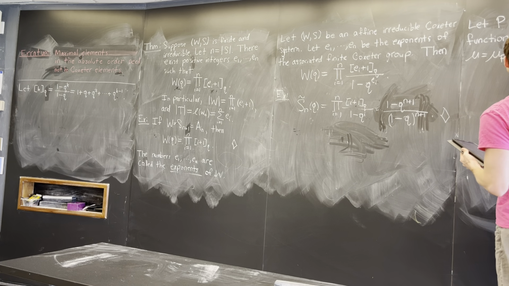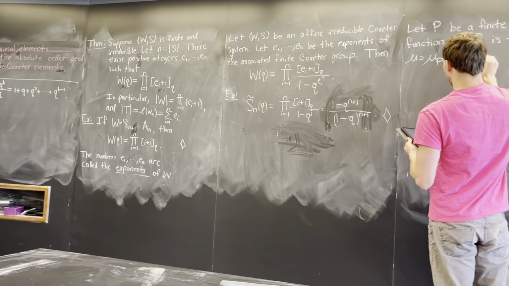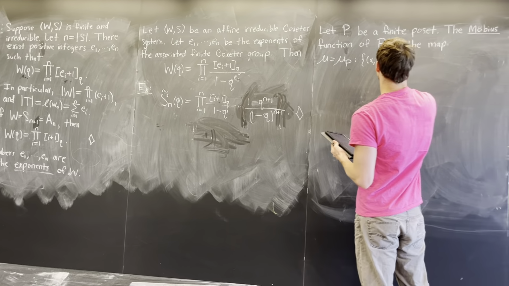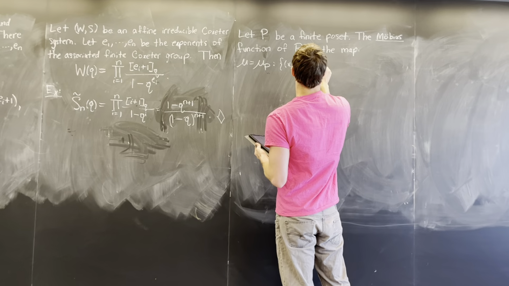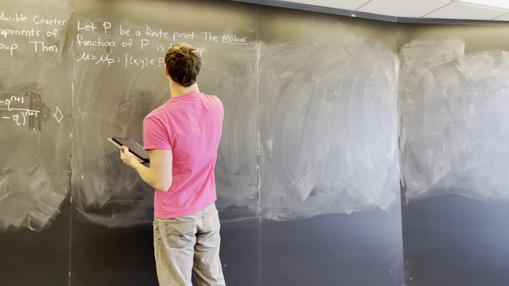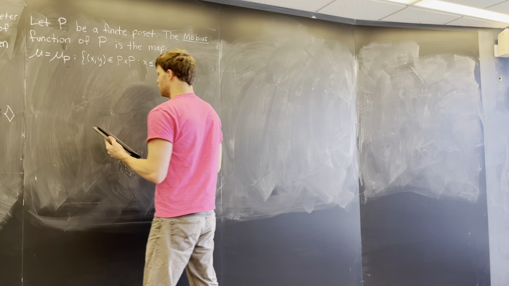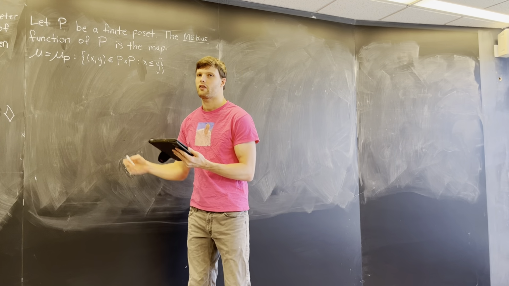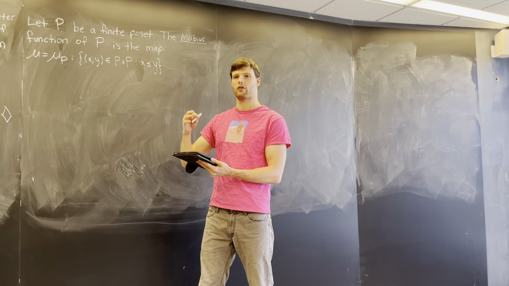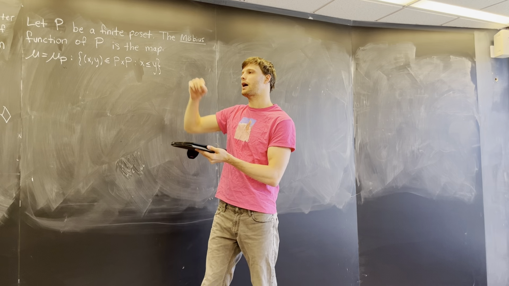And this is going to be a map from the set of ordered pairs (x, y), where these are both elements of P, but x is less than or equal to y in the poset. You could also think of this as the set of intervals in the poset, if you identify an interval with its top and bottom elements.